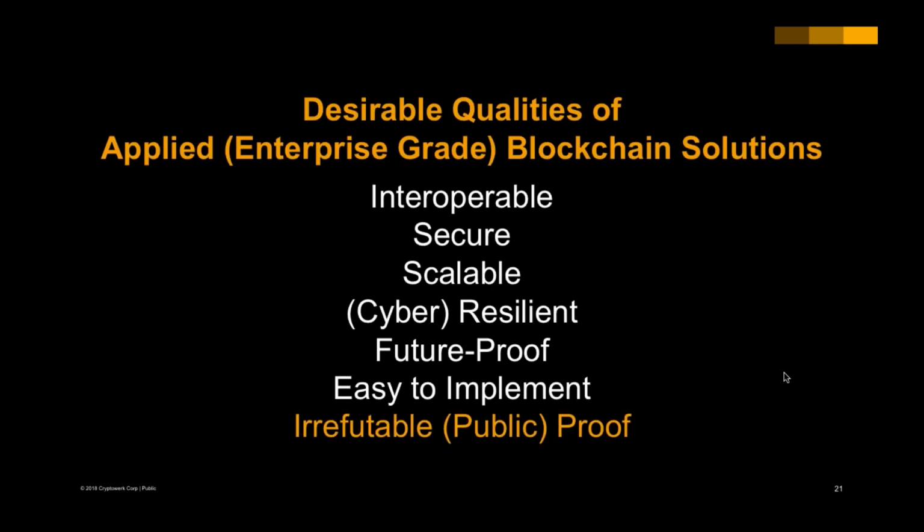So these are the key blockchain limitations. And then when you look at a typical applied enterprise grade solution, and this is true for blockchain solutions as well as for any other enterprise solution that is mission critical, you have various attributes that you want to have fulfilled. Interoperability is on top. It has to be secure, but it also has to be scalable.